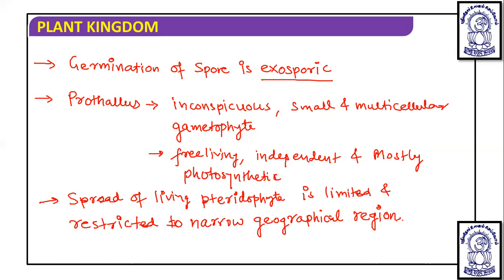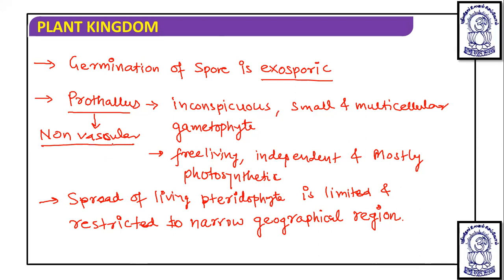Now, if we talk about this life cycle, by understanding this gametophyte, we come to know that sporophyte and gametophyte are independent of each other. The prothallus is made up of thallus and rhizoids. This prothallus is considered non-vascular because vascular tissue is found only in the sporophytic body.